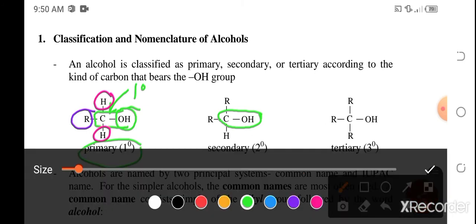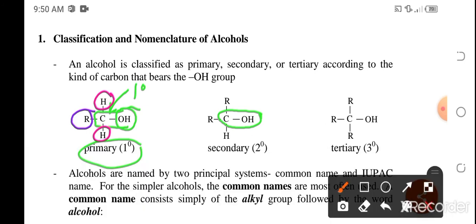For it to be classified as secondary, our reference would be the carbon atom bearing the hydroxyl group. Let's look at that. There should be two series of carbon atoms attached to this secondary carbon atom. For it to be classified as a secondary alcohol, the carbon atom containing the hydroxyl should be a secondary carbon atom, and only one hydrogen is attached to that secondary carbon atom.